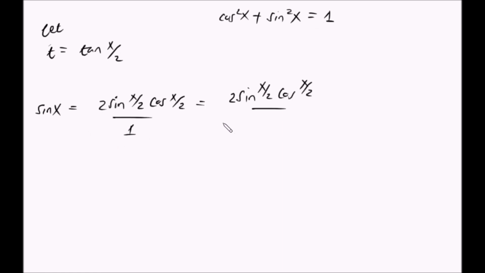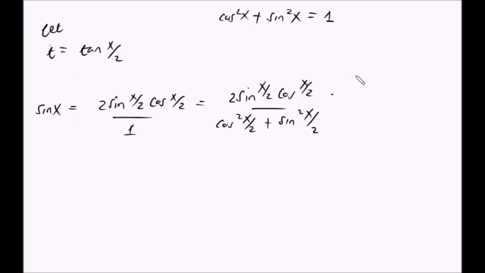Kwa hiyo hii 1 unaweza kaandika like cos squared x over 2 plus sin squared x over 2. So lazima uweke x hapa hata ukiweka a, cos square plus sin square is always equal to 1. Now once we are here, so let me repeat again. What are we trying to do? We're trying to express sin of x in terms of t.